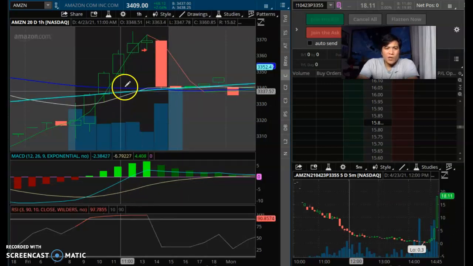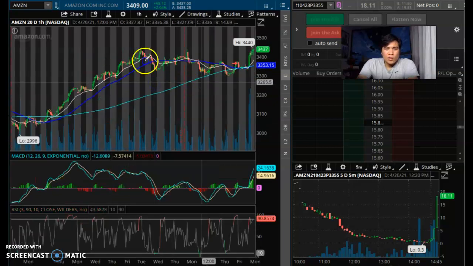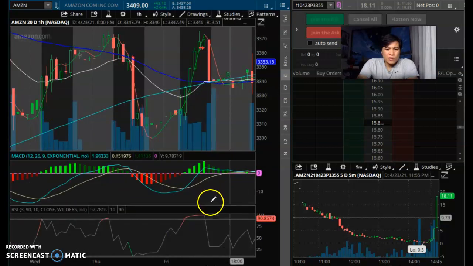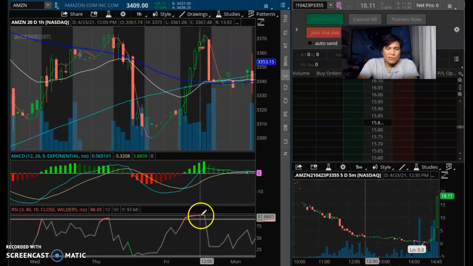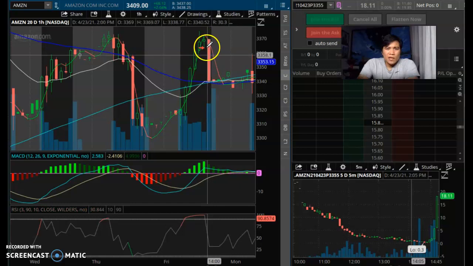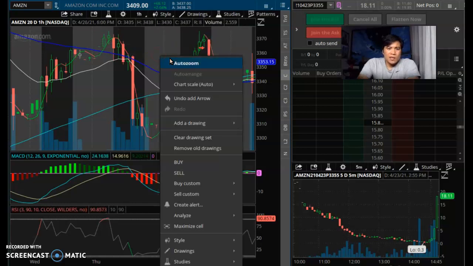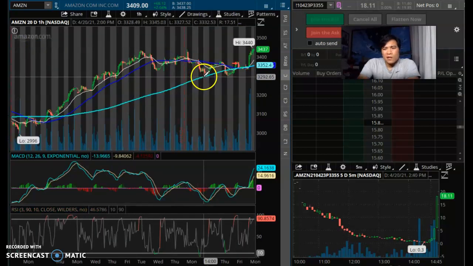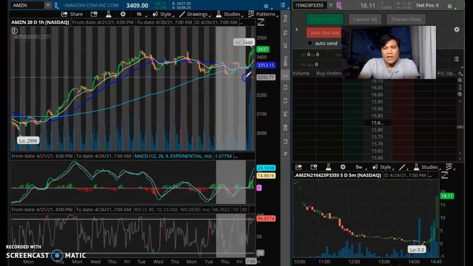This RSI on the 1 hour chart really helps in finding out when it's overbought, and the ES was also selling off along with it at the same time. So it is actually safe to bet on a put that day.